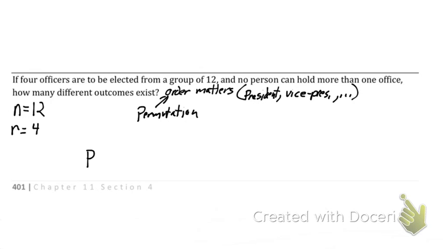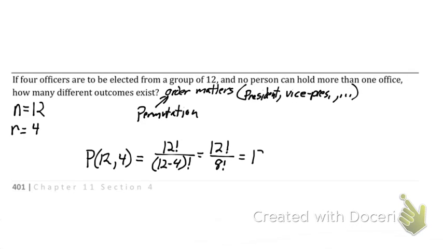So that means our permutation notation is going to be P, start with 12, pick 4, is going to equal the total number I can pick from over the total number I can pick from minus how many I'm picking, which is going to be 12 factorial over 8 factorial, which actually just equals 12 times 11 times 10 times 9, because your 8 factorial will cross out from the top and bottom.